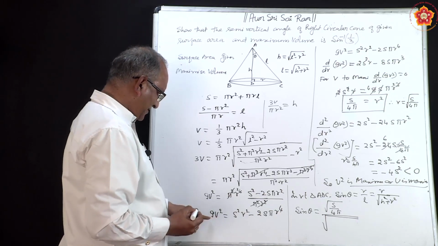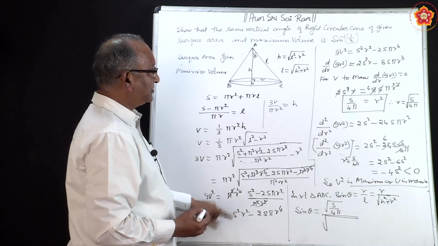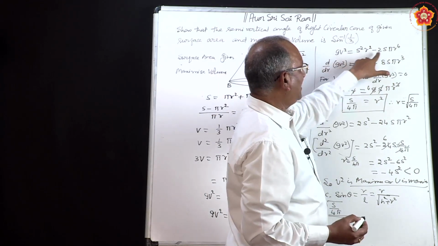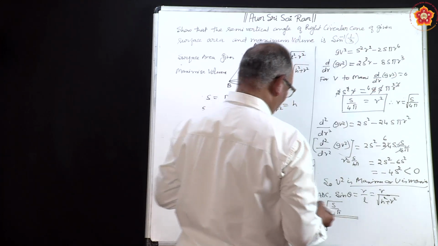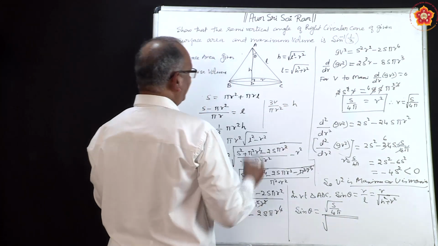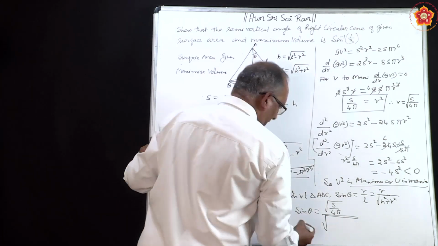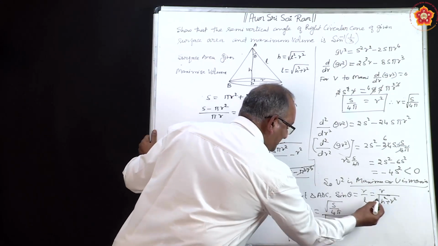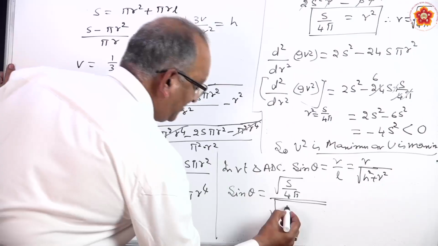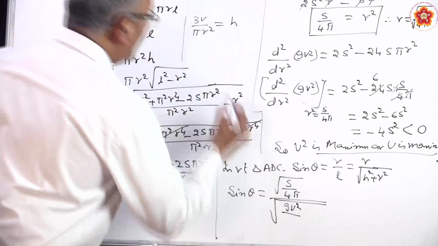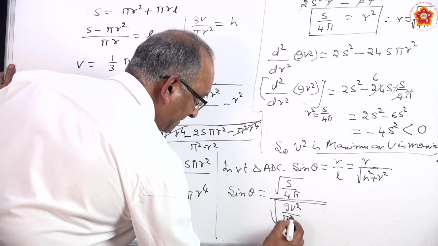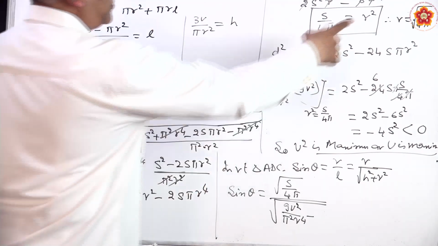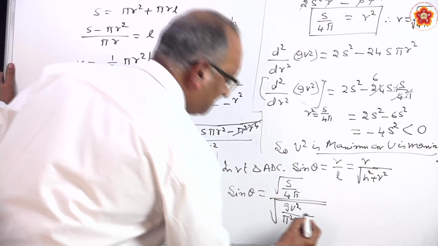We have seen that 9v square is equal to this, or the simplified value is 9v square is s square r square minus 2s pi r to the power 4. So, if you can substitute that value here, you are going to get the value. First is h square. H is how much? 9v square by pi square r to the power 4 minus r square. R square is how much? S by 4 pi.